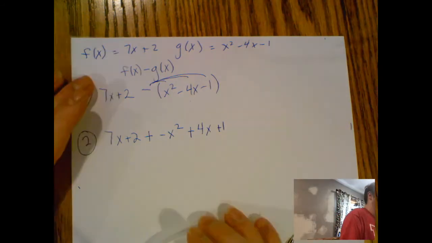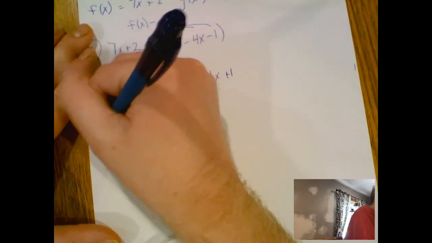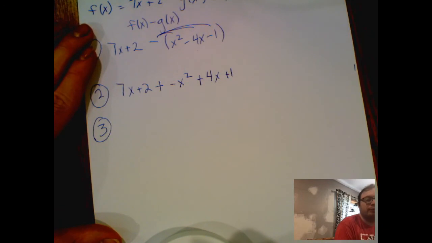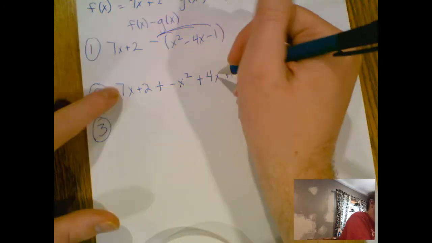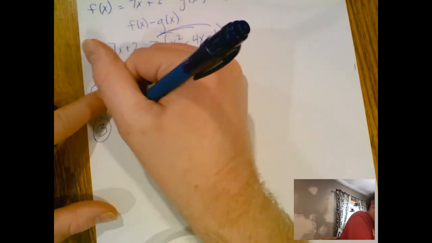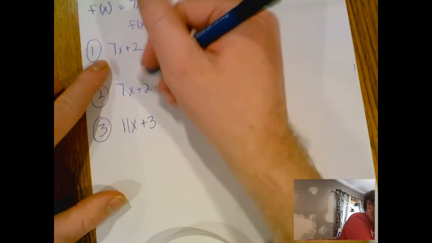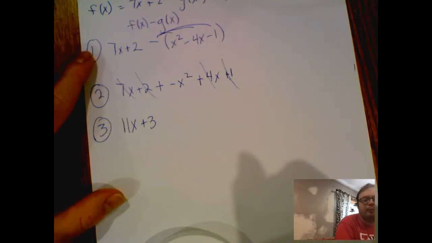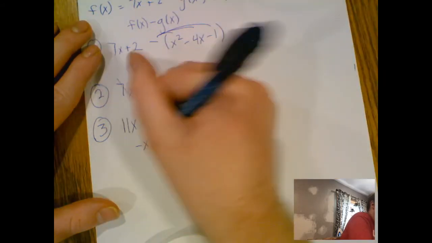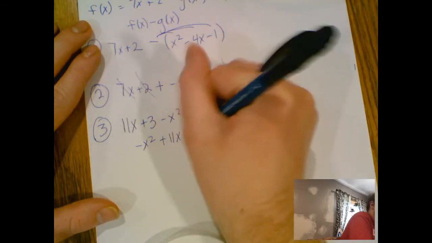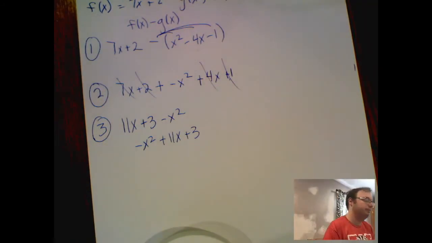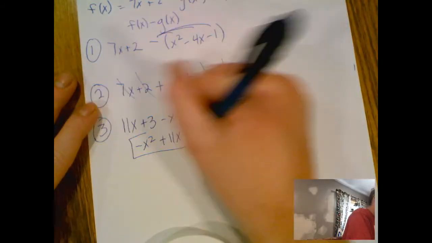And at this point, step 3 here is combine like terms. 7x plus 4x, that is 11x. 2 plus 1, that's 3. So again, we've taken consideration of all the x's and all the numbers. Negative x squared is by itself. And again, we like to rewrite that in descending order. Okay. Negative x squared plus 11x plus 3 is my correct answer.